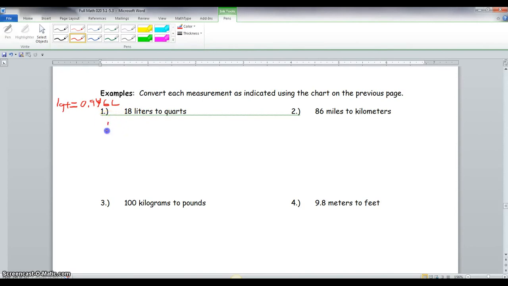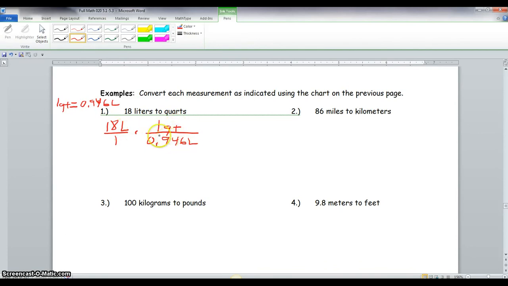So what we would do is take our 18 liters, put that over 1, and multiply it by the dimensional analysis. Whenever we divide by values that are equal to each other, we're really making 1. Anything multiplied by 1 is itself. So we're trying to get rid of liters. So we will put the liters value in our denominator, and our numerator would be our quart value.